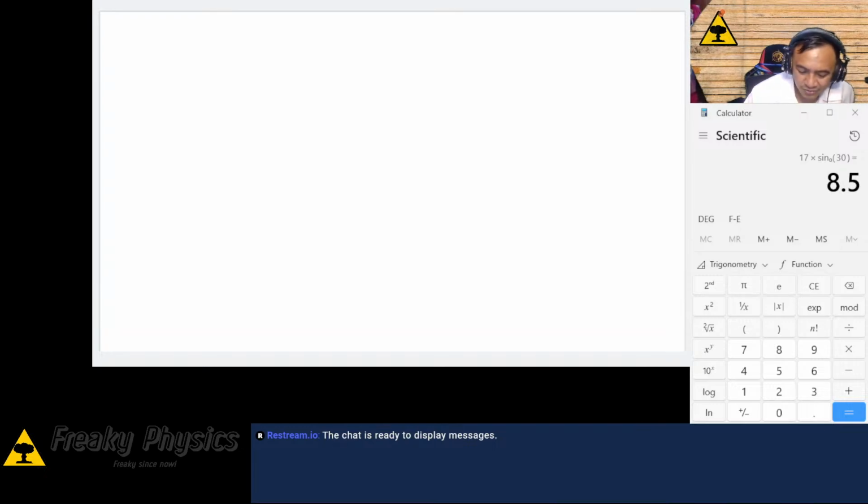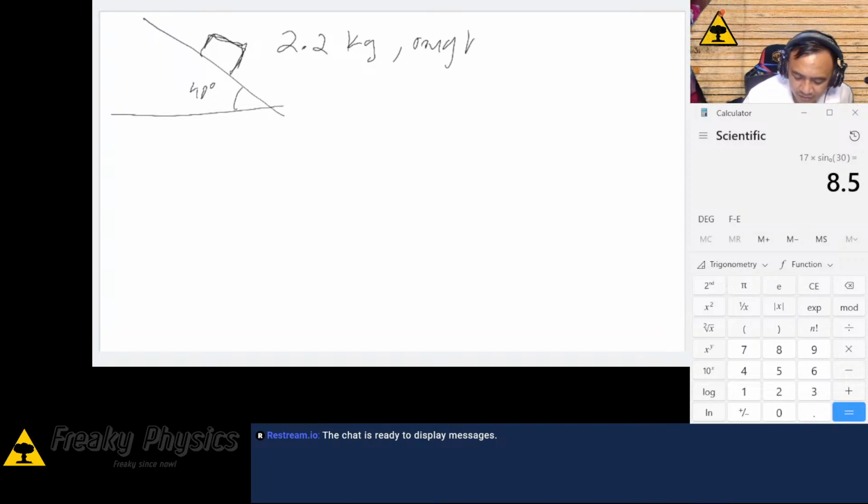So you do it. This time around, this is 2.2 kilograms, the angle is 40 degrees. Equilibrium or not? Rough contact.